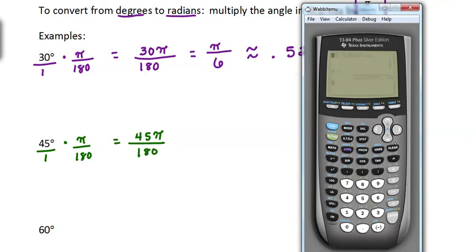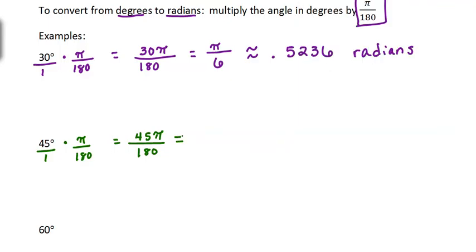I'm going to come back to my calculator here, and I'm going to have 45 divided by 180. I want the answer as a fraction, so that's going to be 1/4. Still have the pi there, so that's going to be pi over 4. Now, that is a radian measure of an angle. You've seen pi over 4 before. You've seen pi over 6 before.